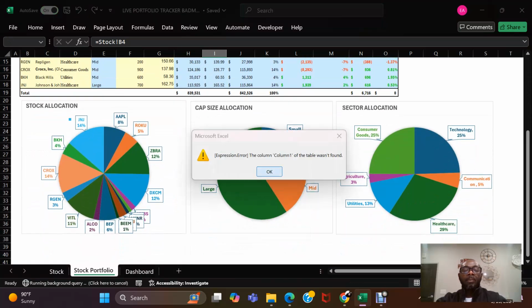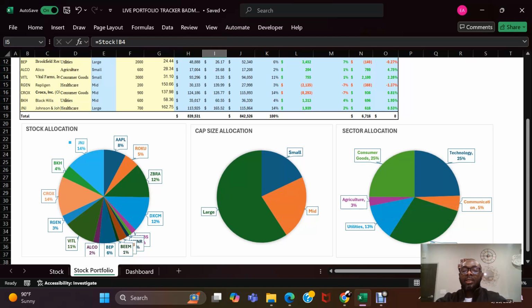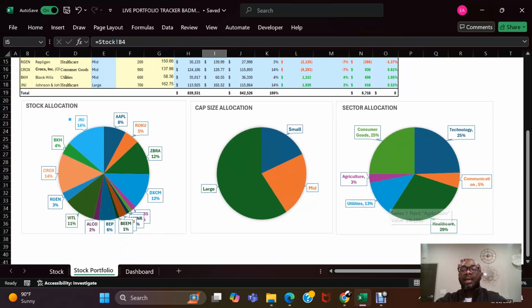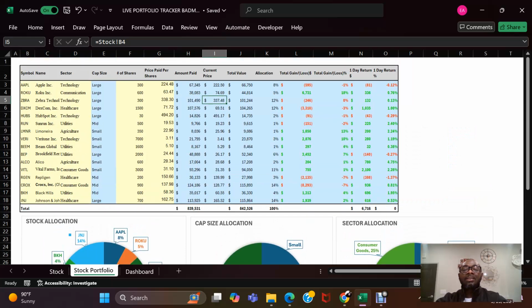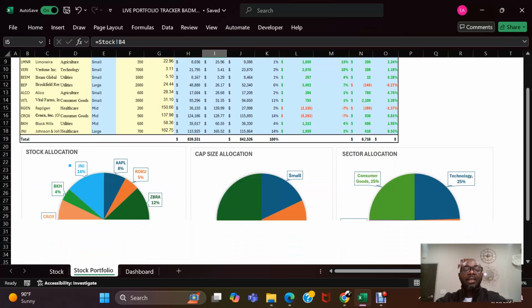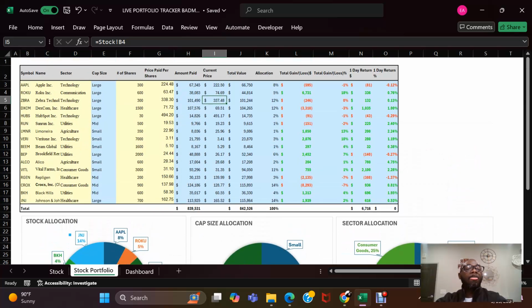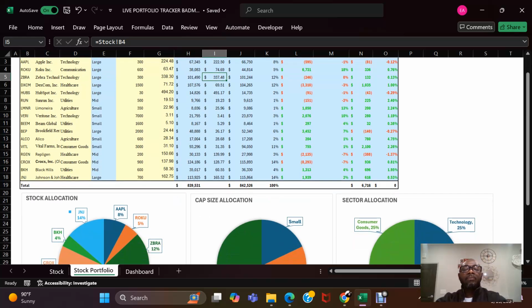Now, one of the takeaways in this portfolio is where we have loss, despite the fact that we have a huge investment in technology. We have four companies in technology that we invested in.